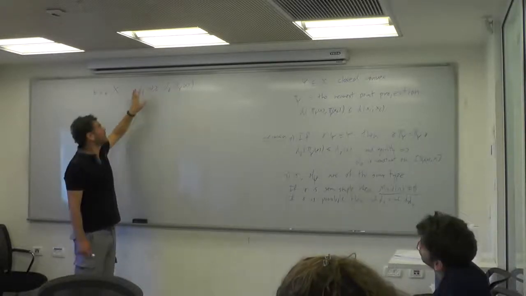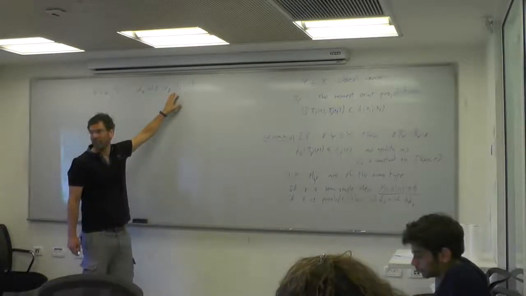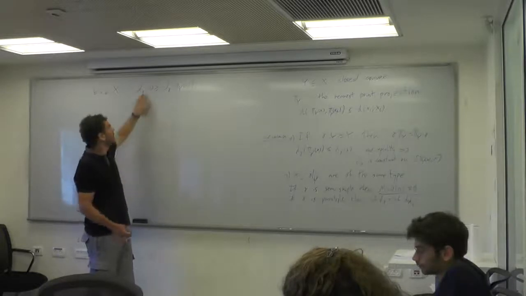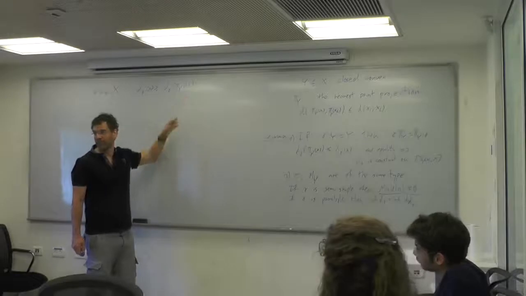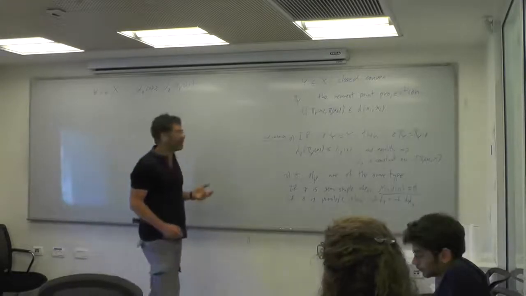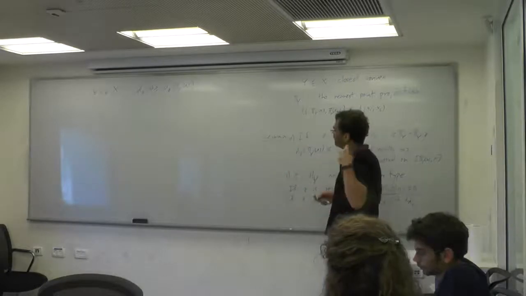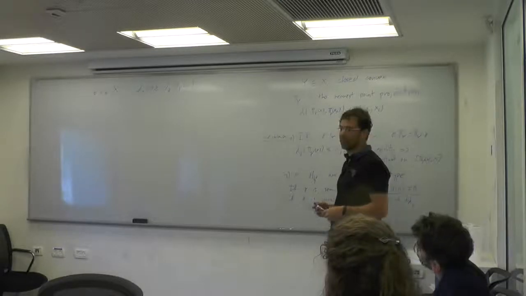Which means that if gamma was semi-simple, then the restriction of gamma to y is also semi-simple. And if x was a fixed point, then pi y of x is also fixed. And so therefore, if gamma is semi-simple, the restriction of gamma to y is semi-simple, and the minimal set is the same.